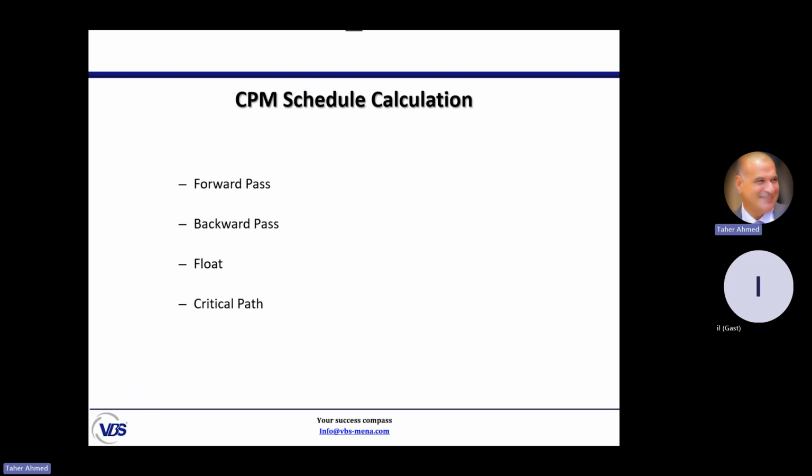As I told you, Primavera didn't invent the critical path method. It was invented by Mr. Gantt in 1945 as a way of calculating the schedule. How did he do it? Four steps to calculate the critical path method: forward pass calculation, backward pass calculation, calculating the total float, and then determining the critical path.